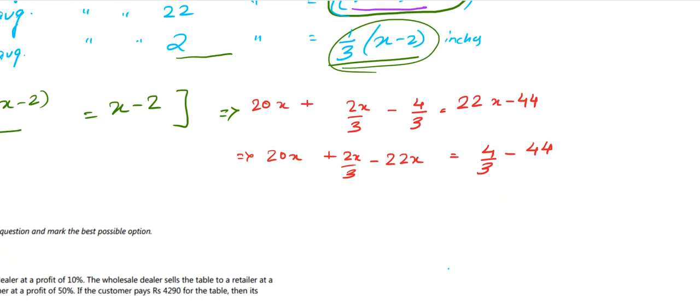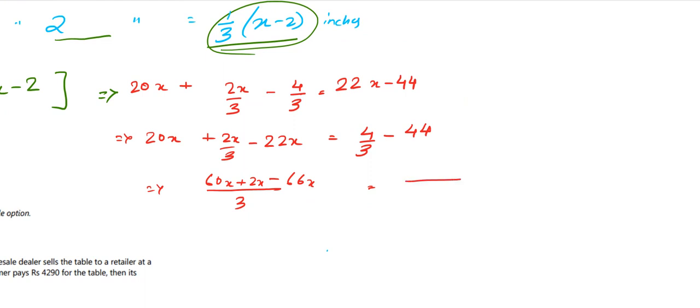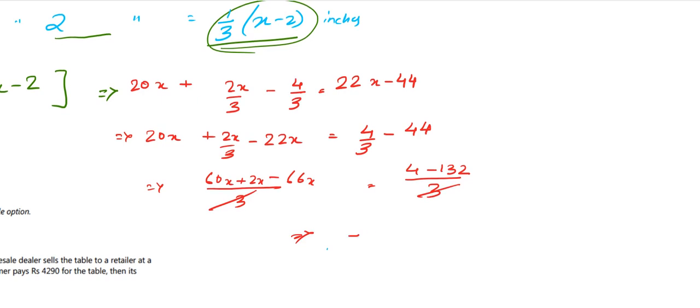Multiplying through by 3, this will be 60x plus 2x minus 66x, equal to 4 minus 132. So 3 gets cancelled out from the denominators. Here we will have minus 4x, which is equal to minus 128. Therefore x is equal to 128 by 4, which is 32. So x is 32 inches.